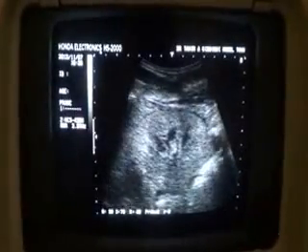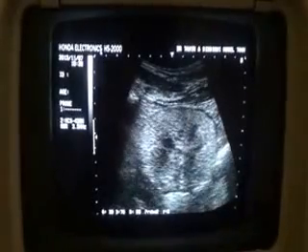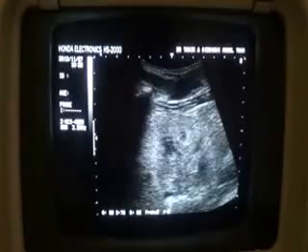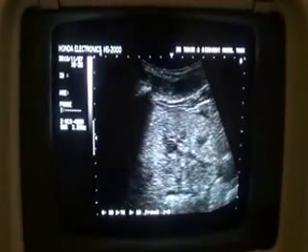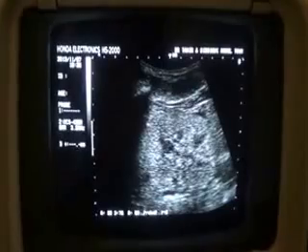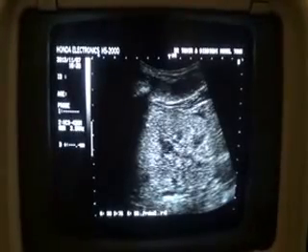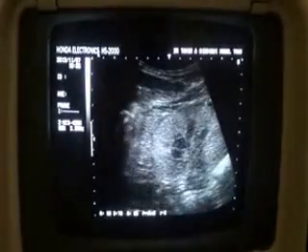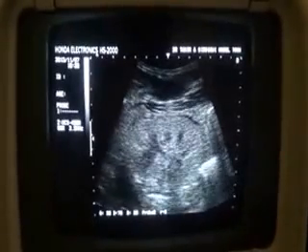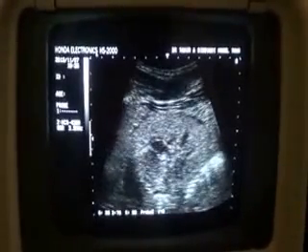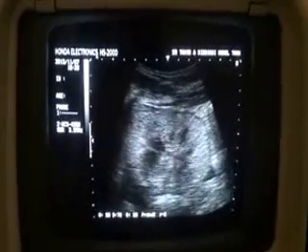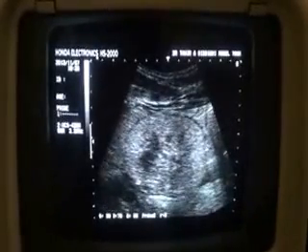These changes are consistent with dilated calyces. As you can see, the proximal ureter is not dilated. So this is what we call grade 2 renal parenchymal changes, or chronic renal failure.